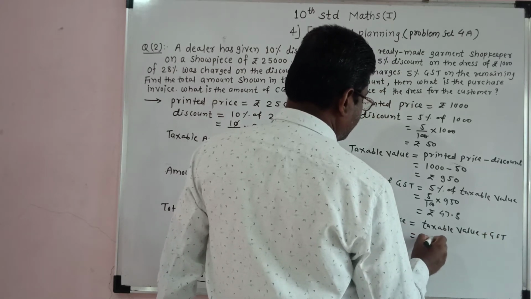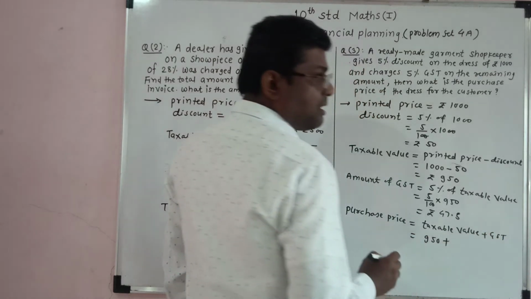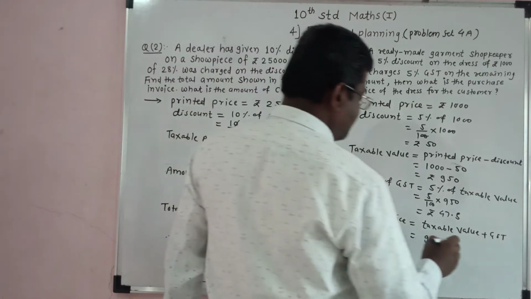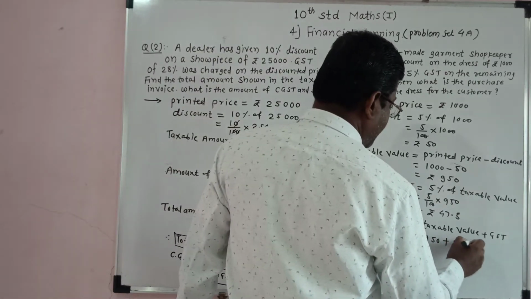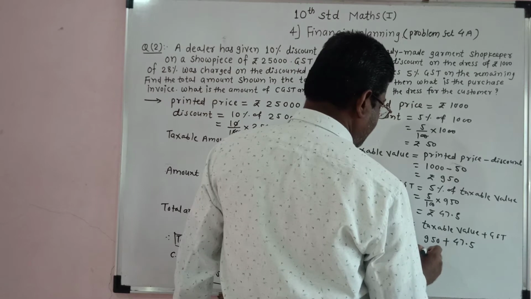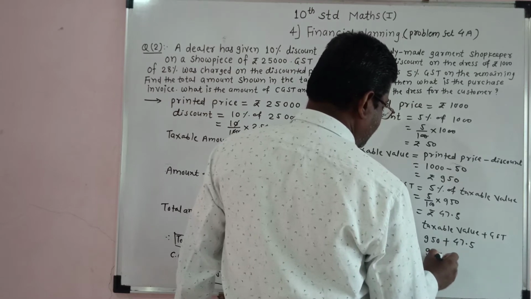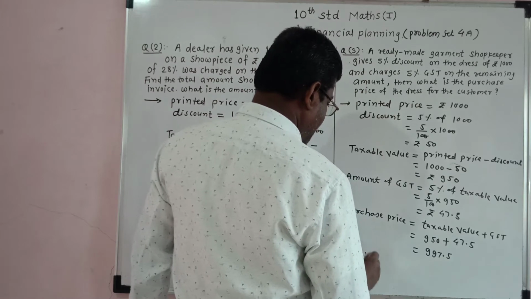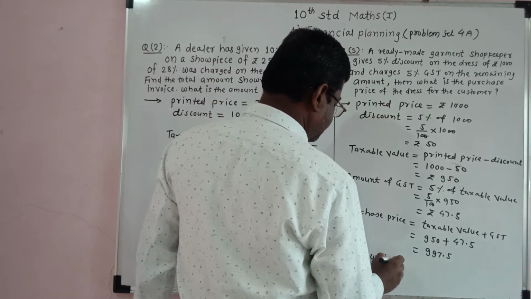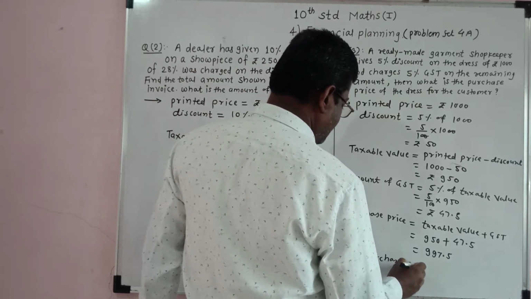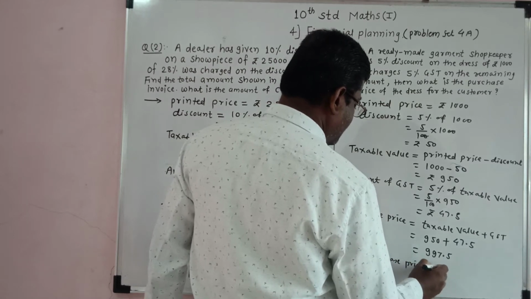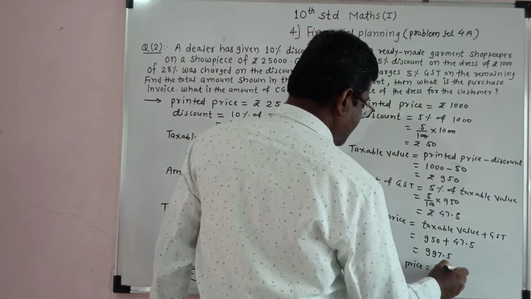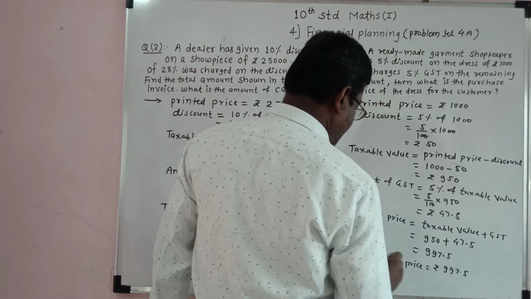Taxable value is 950 plus GST is 47.5, so it is equal to 997.5. Therefore, purchase price is equal to rupees 997.5.